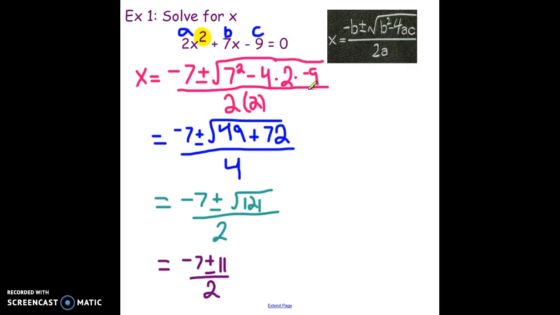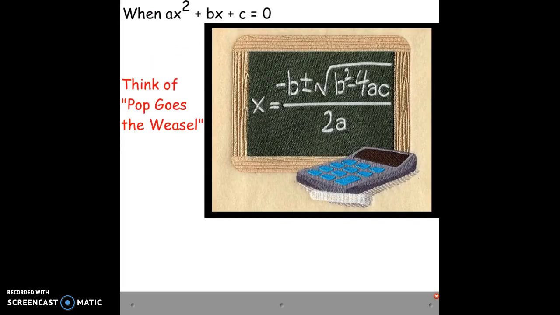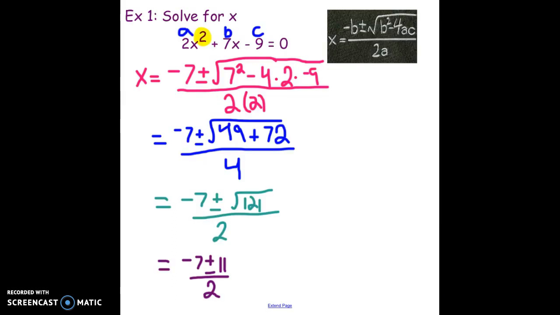For example, when we would do this earlier, we would have the zero product property like we talked about a minute ago. This binomial would equal something for x, and this binomial would equal something for x. Well, the way that the quadratic formula takes care of that is with the plus or minus right here. So that means we have 2 different answers at this point.